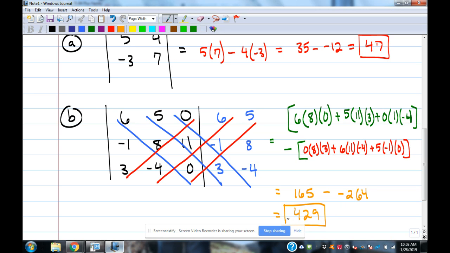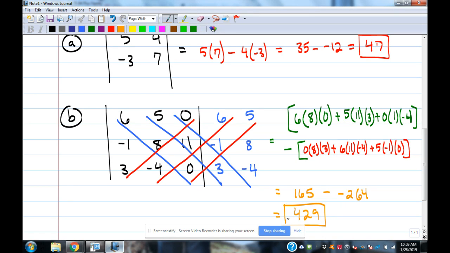There are other things that we can do with the determinant, but one of the things that we're going to use it with in Algebra 2 is deciding if a matrix is invertible or not. If it's not invertible, the determinant will be 0. If it is invertible, it'll be anything else. Okay? 0 is the only determinant that makes it not invertible.